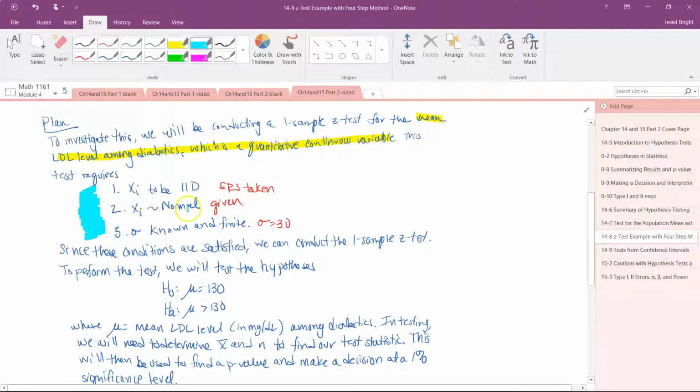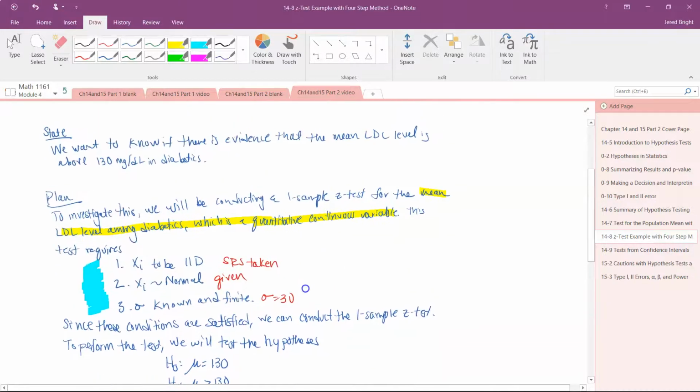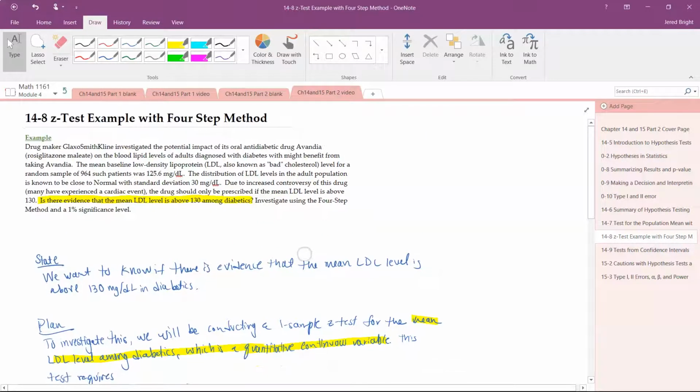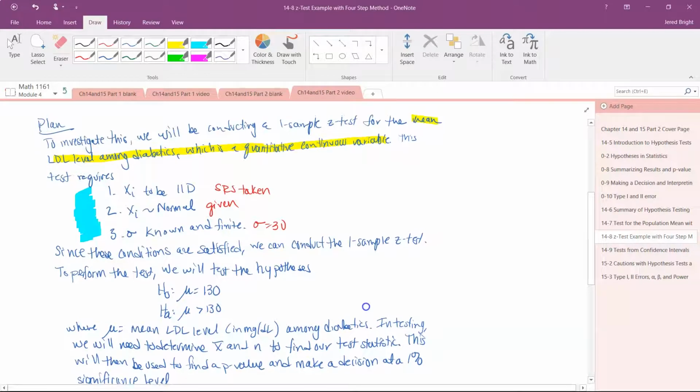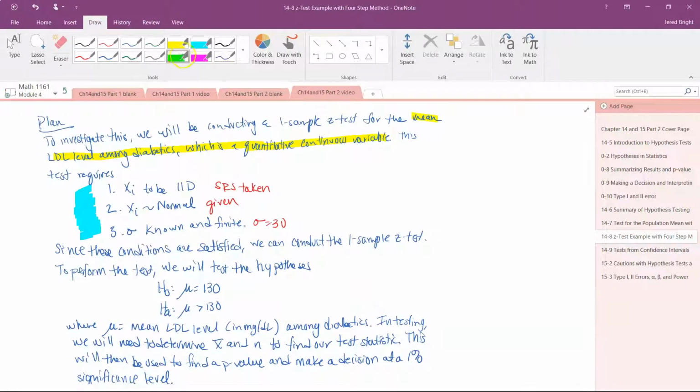For the population being normally distributed, that's a given. That was stated explicitly in the prompt. Close to normal, that's enough for us. And then sigma is known and finite, and it gave us that the population standard deviation was 30.